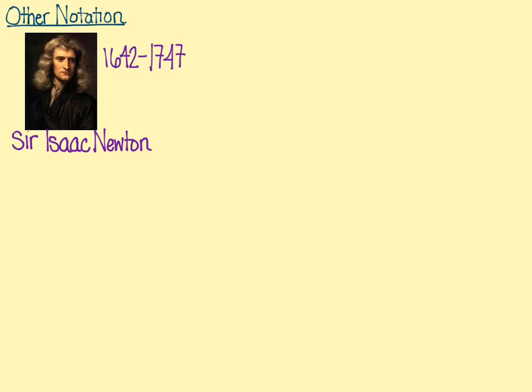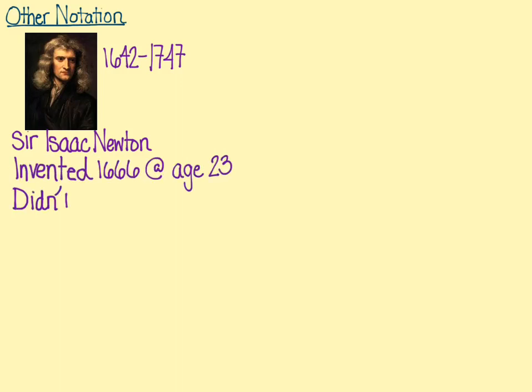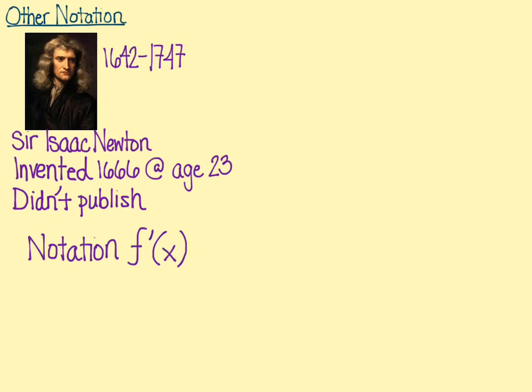The first is Sir Isaac Newton, who lived from 1642 to 1747. He invented calculus in 1666 at age 23 over his fall break, but he didn't end up publishing it. The notation that he used was f prime of x.